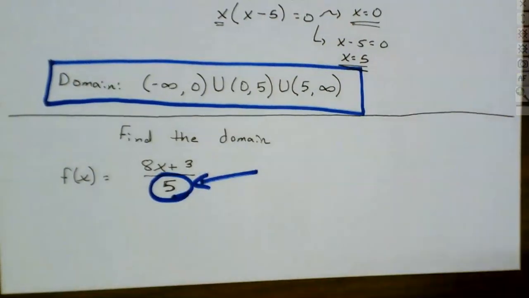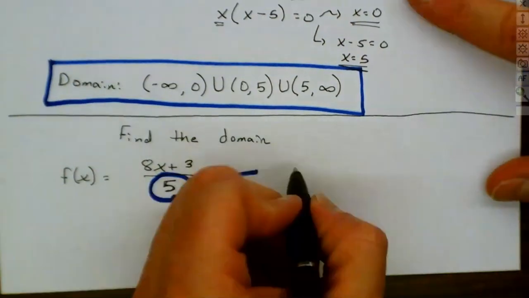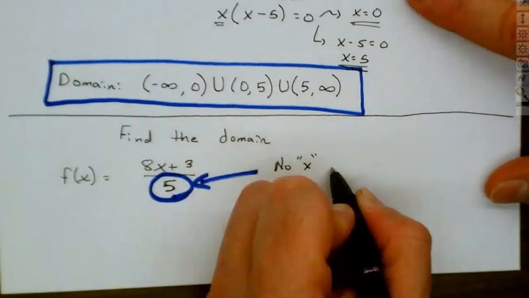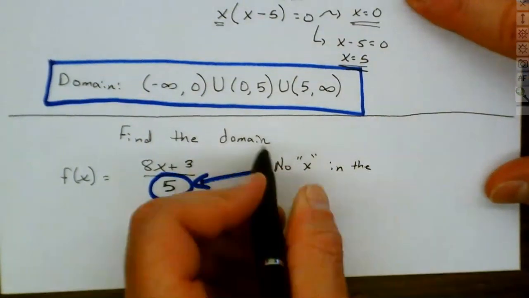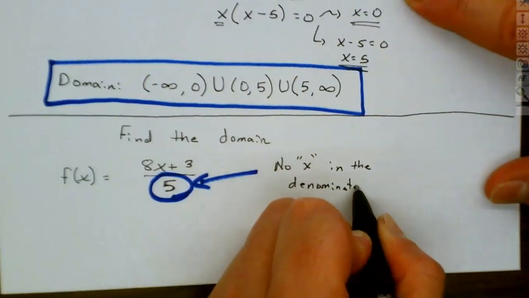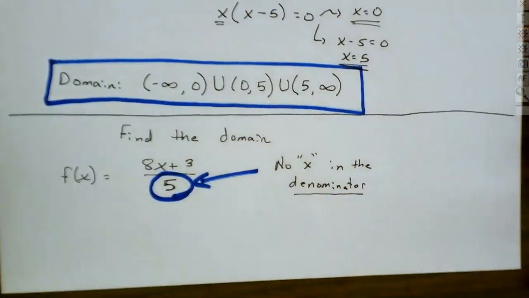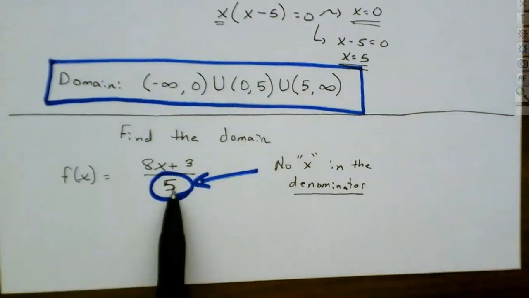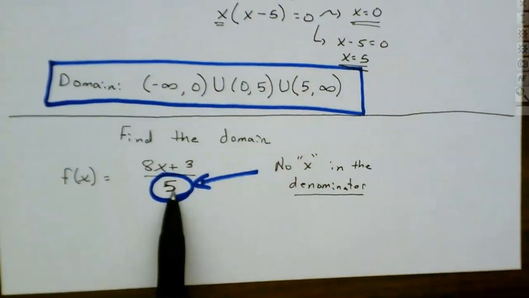This one has no x in the denominator. If you have no x in the denominator, you can never have division by 0, because there's no way that I can make this 0, right? Because there's no x with it.